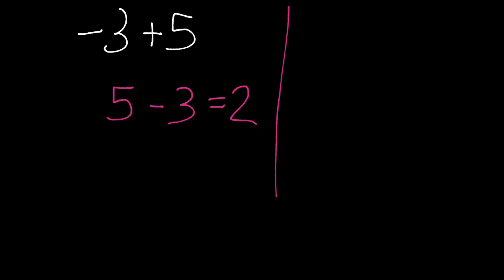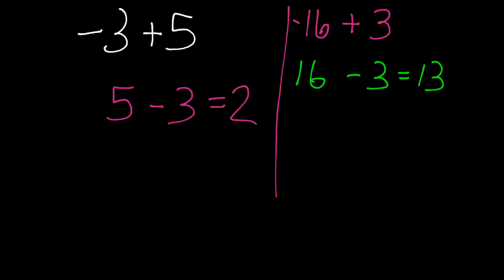But let's say we have negative 16 plus 3. We're going to ignore the negative at first and just deal with 16 and 3. So 16 minus 3 is 13.